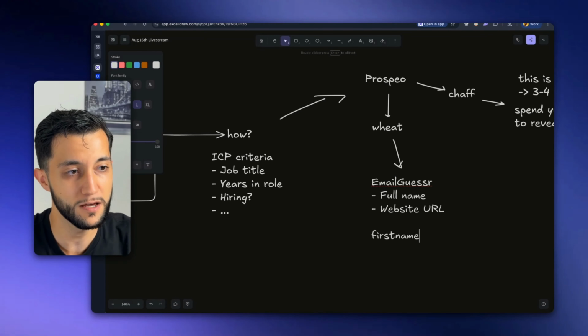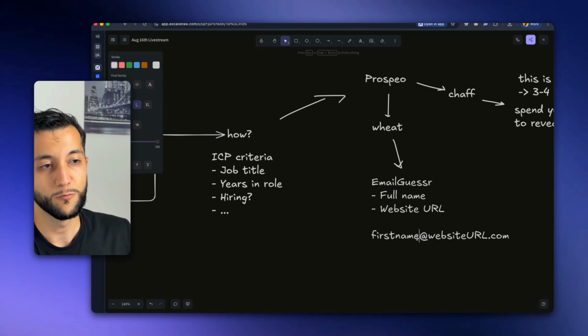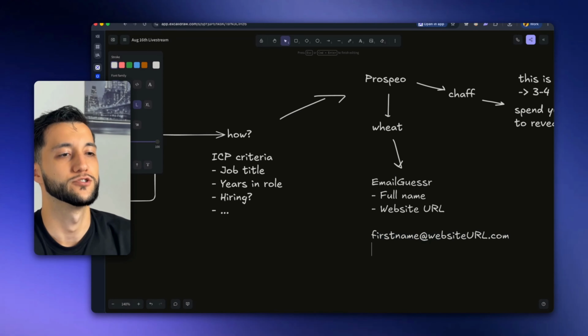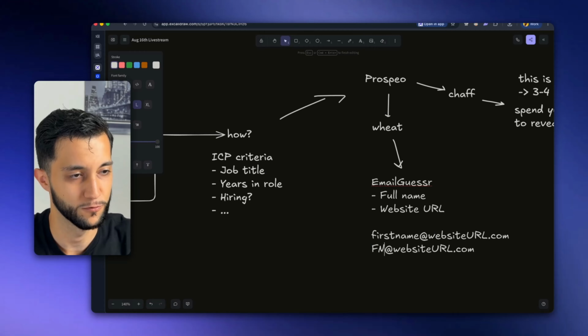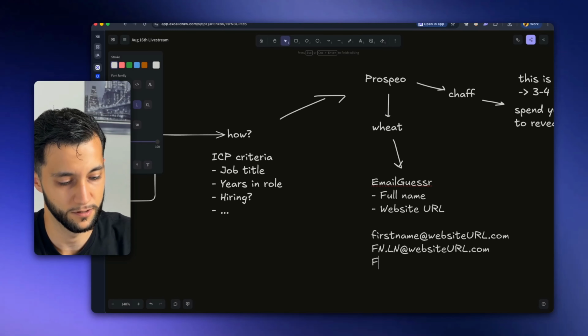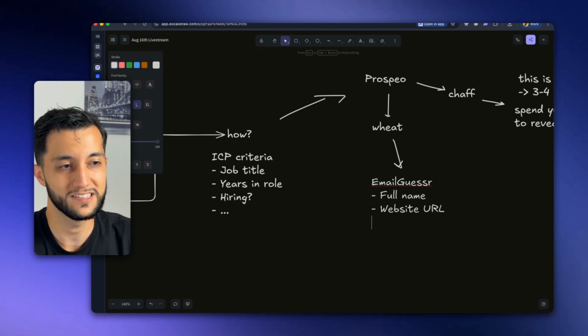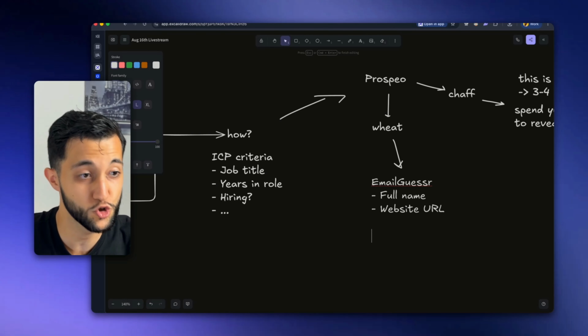We can do first name at website URL.com. And then we can do a bunch of variations of these. We can do first name dot last name at website, etc. Or only the first initial at website URL, etc. We can now guess email addresses, and guessing email addresses is super cheap.